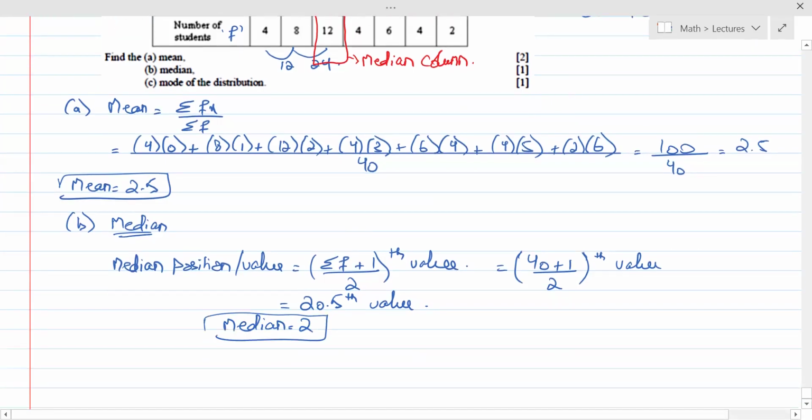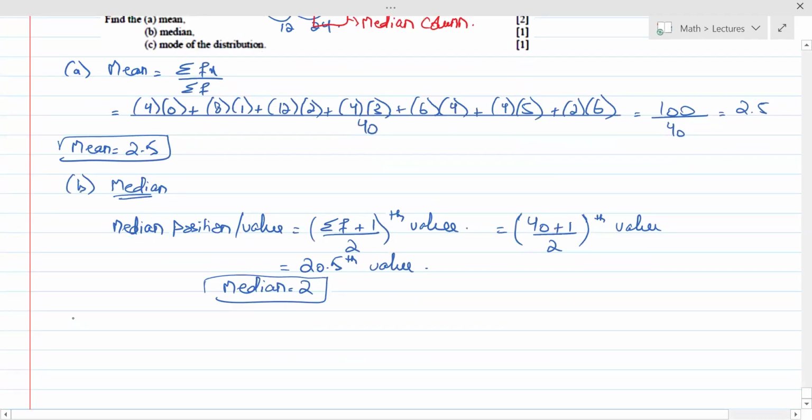Last, we have to find the mode of the distribution. Mode was the value having the highest frequency, or the most repeated value.